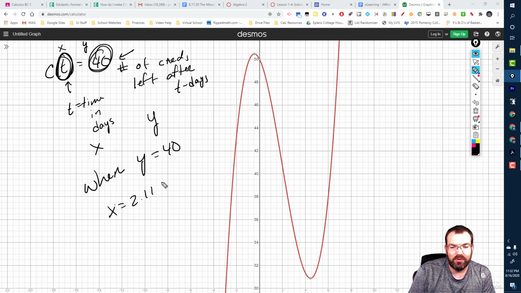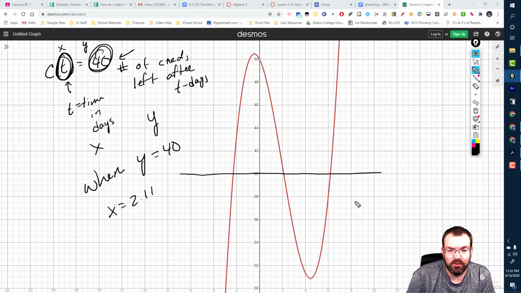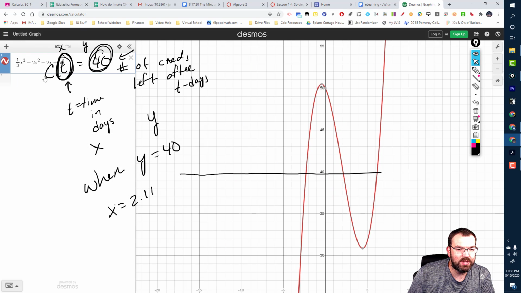But let's think about this. Well, when it's 40, there's actually a line cutting through here. Well, can I graph that line? Well, yeah, sure I can. How do I do that? I'm going to go back over here to my graph piece.